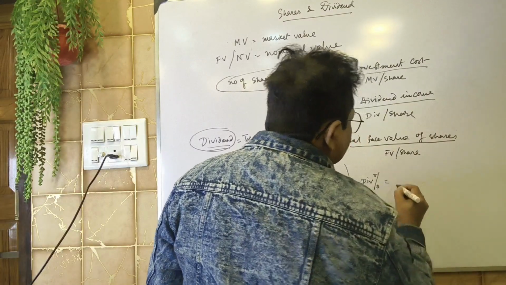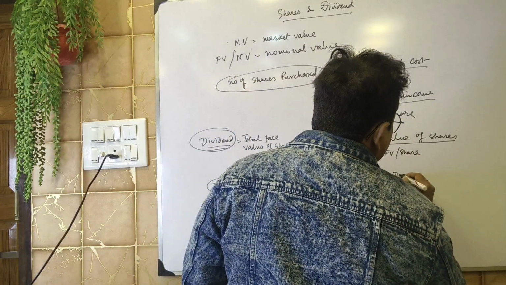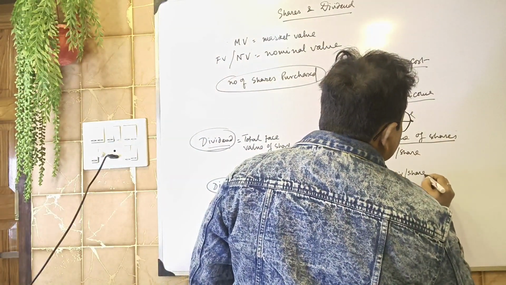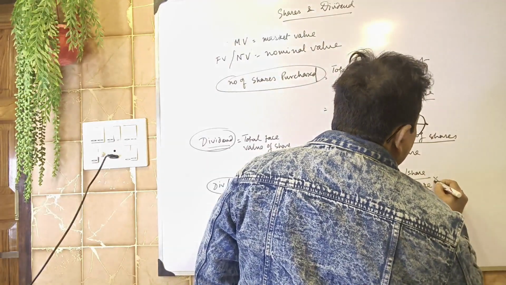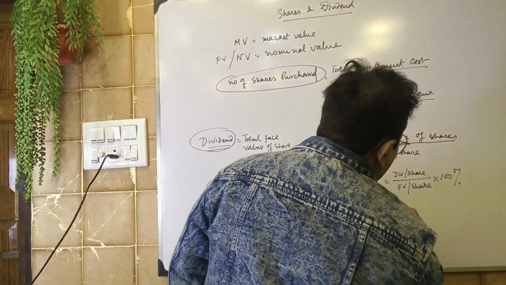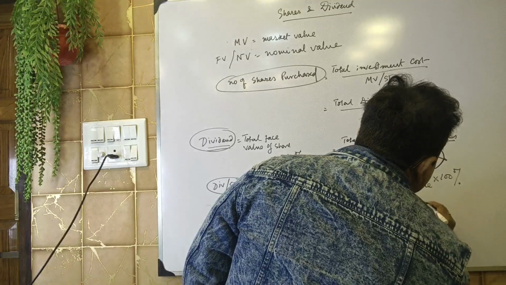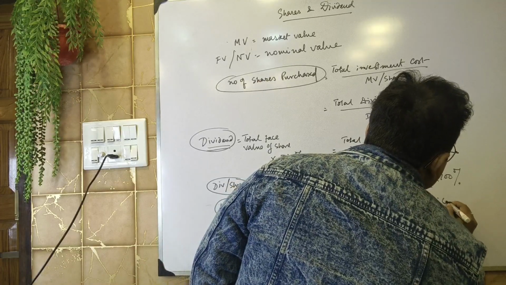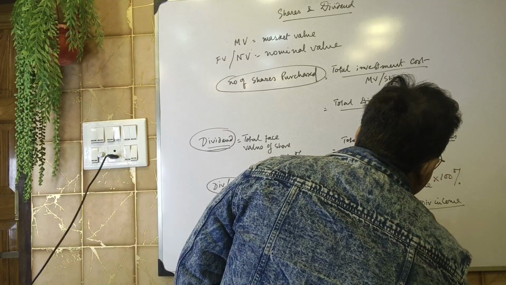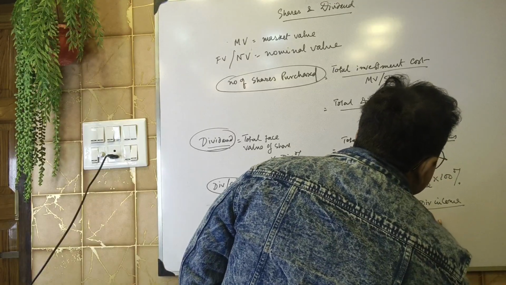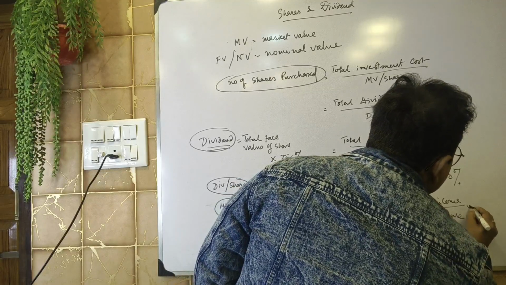Dividend percentage can be calculated by dividend per share by face value per share into 100, or total dividend income by total face value of shares into 100.